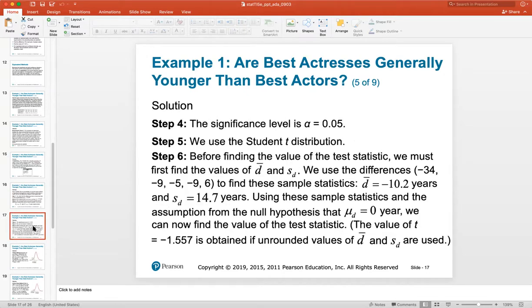Now step 4, figure out the significance level, 0.05, and then step 5, we use the student t distribution. So we figure out d bar and sd. You don't have to do it by hand. I told you, using the t-test in the calculator, you can figure out all these sample statistics.